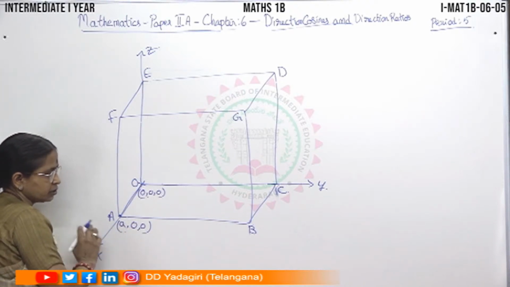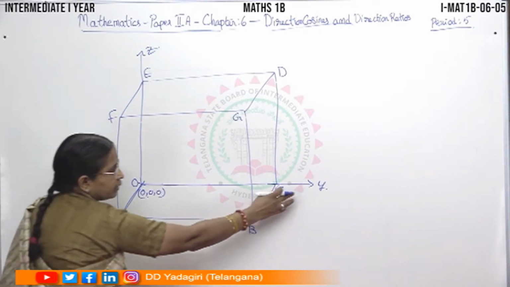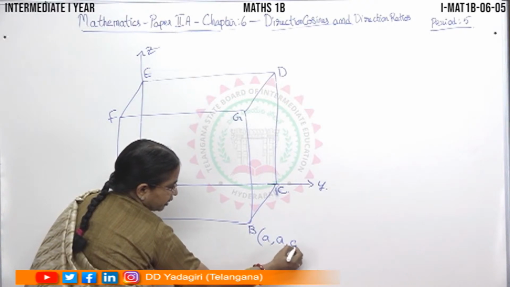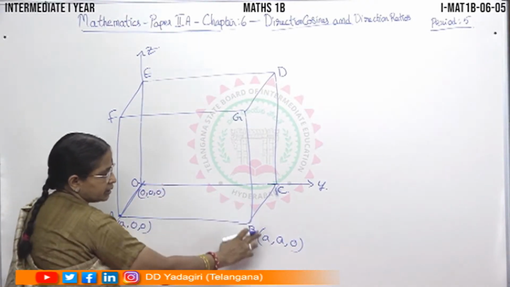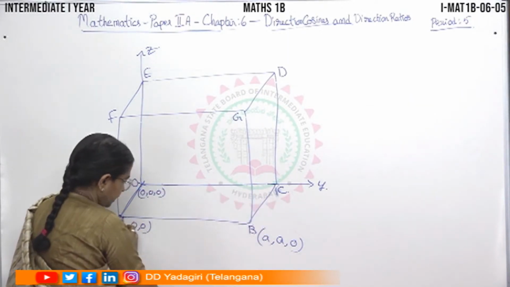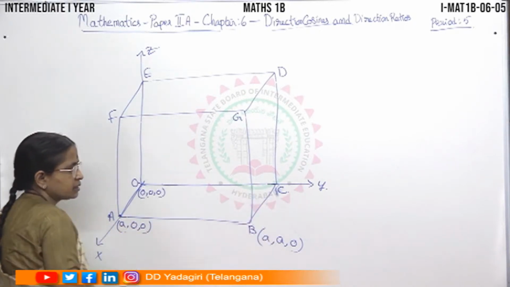A is (a, 0, 0). Now where is this point B? B is in XY plane. So X coordinate, Y coordinate will be there. Z coordinate is 0. Because all sides are equal, X distance is a, Y distance is also a, Z distance is 0.